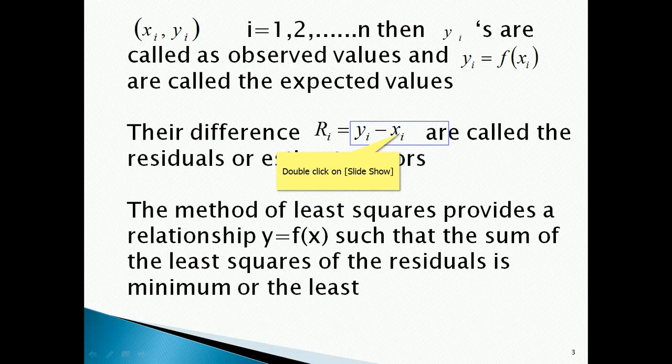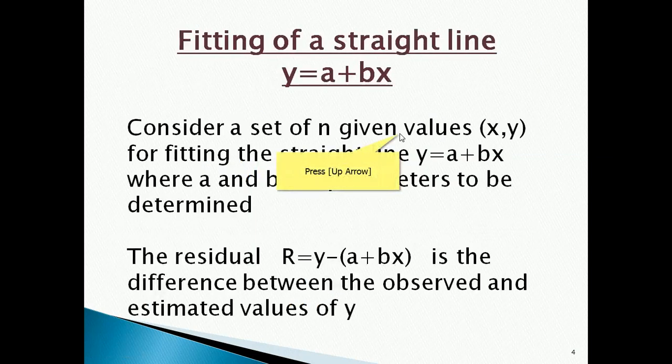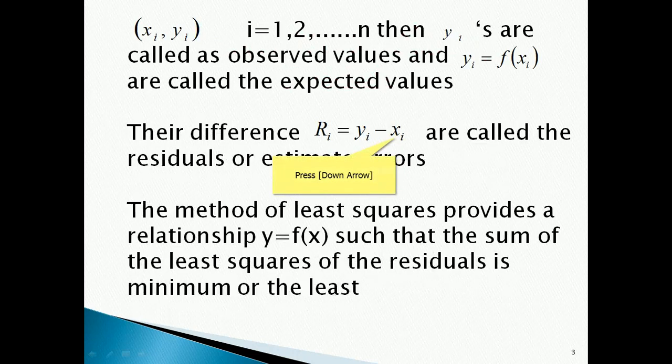Their difference, the observed values minus the expected values, yi minus f(xi), are known as the residuals. The difference between the observed and estimated values of y are known as the residuals or estimated errors.